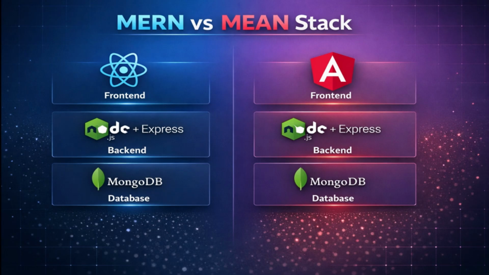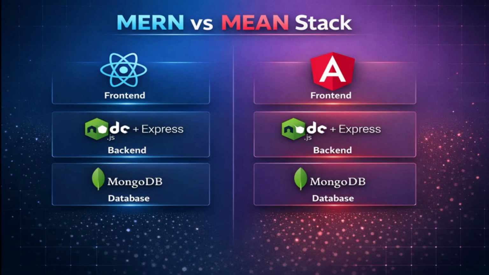Angular is a complete framework developed by Google that provides built-in tools and structure, making it suitable for large-scale and enterprise applications. Like MERN, the MEAN stack also uses Node.js with Express for backend development and MongoDB for the database, ensuring consistency and scalability.